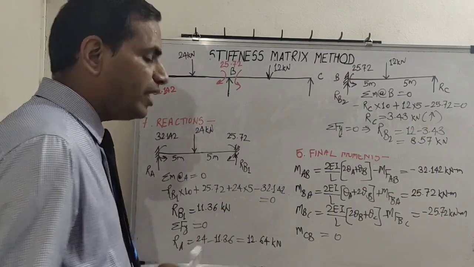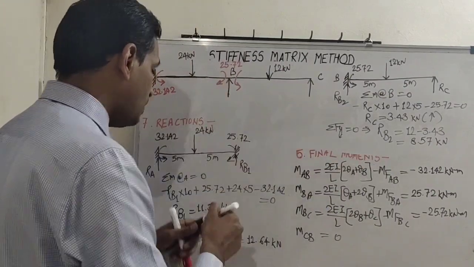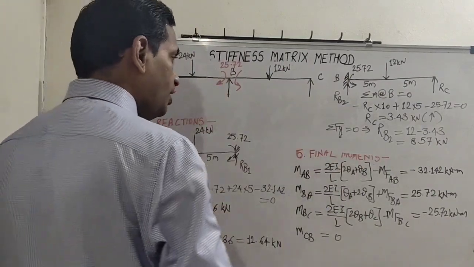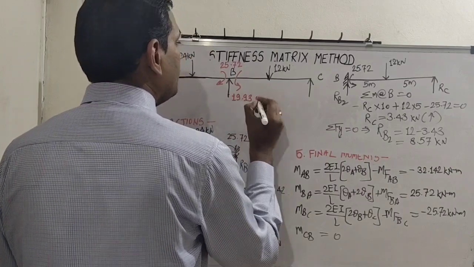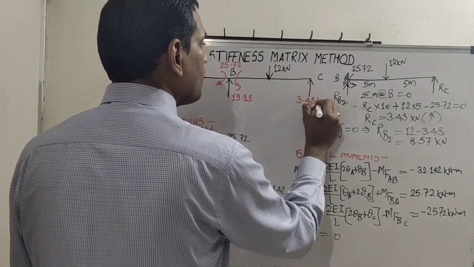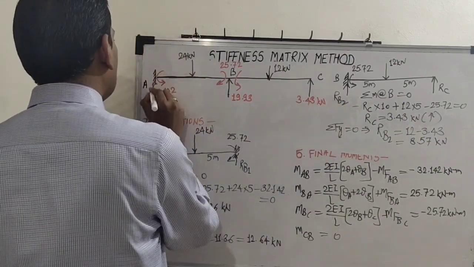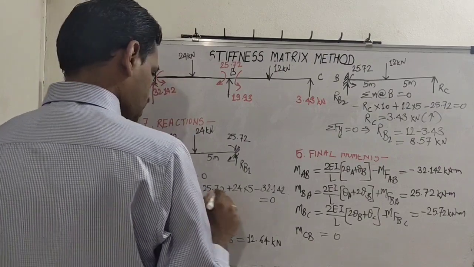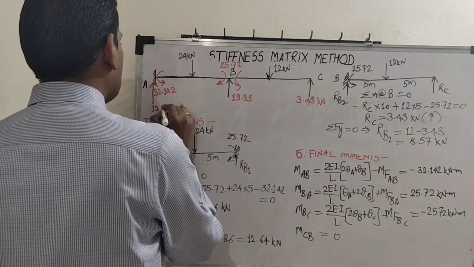So it is 19.93. So we shall write these reactions here one by one. 19.93. Then RC is 3.43 and RA is 12.64 kilonewton.